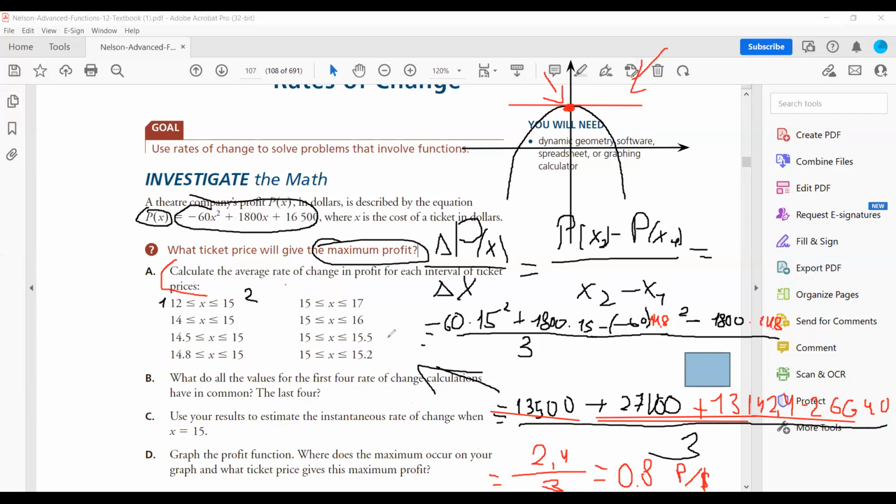It means that this point is the highest point on the curve, where the function takes its greatest value. And again, you see they ask us to plot the profit function graph, and the maximum will occur exactly at this point. So now we know that this point is located where x equals 15. x equals 15. This is the point location.